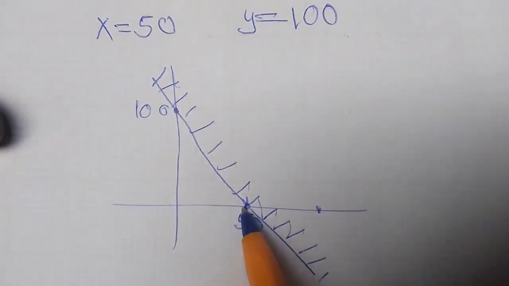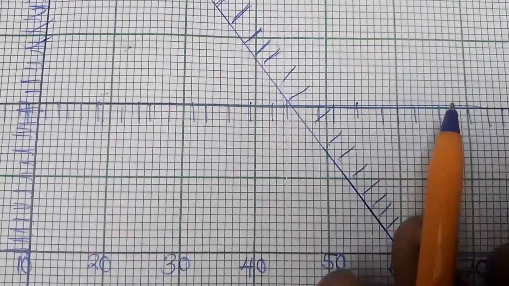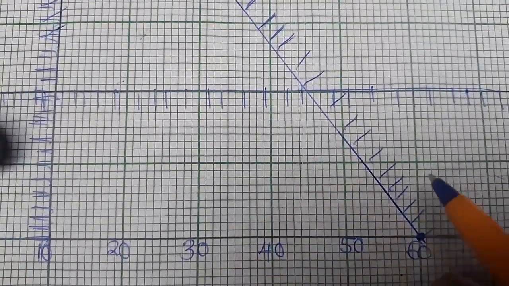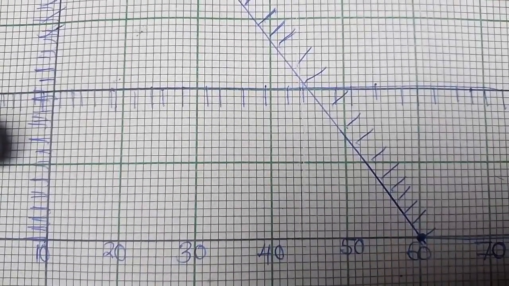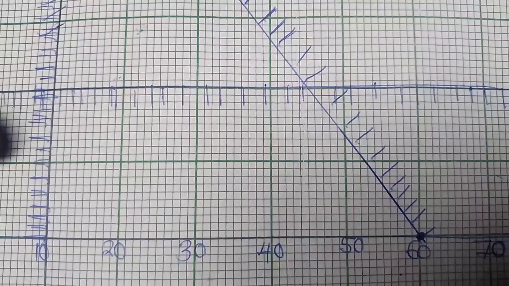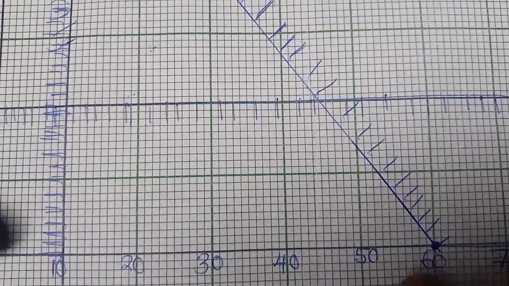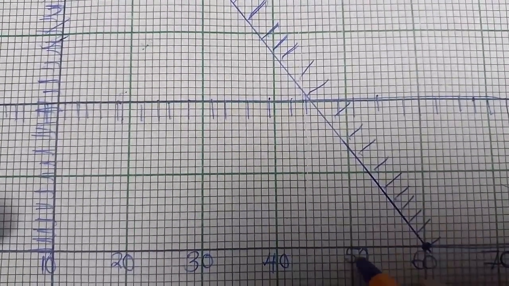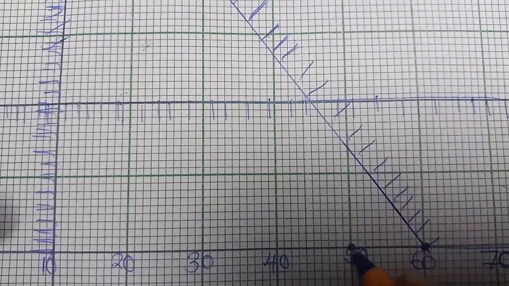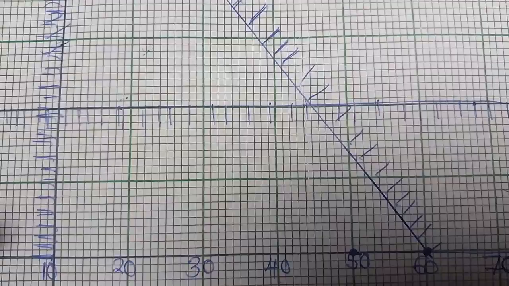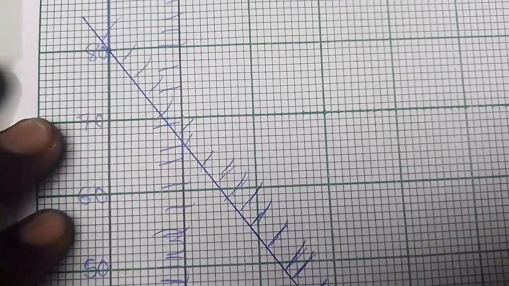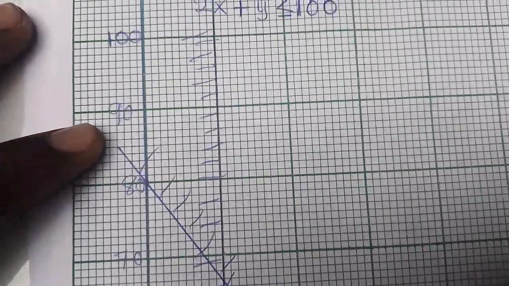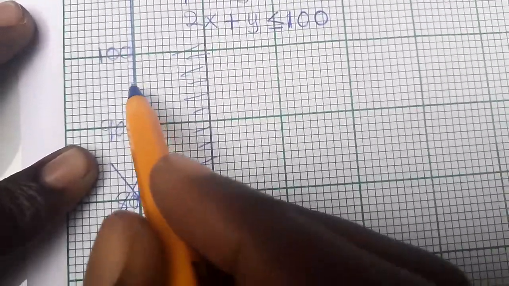I go x 50, y 100. On my graph, where is x 50? So I go where x is 50. Then x 50, it is here. Where y is 100? There. This is where y is 100.